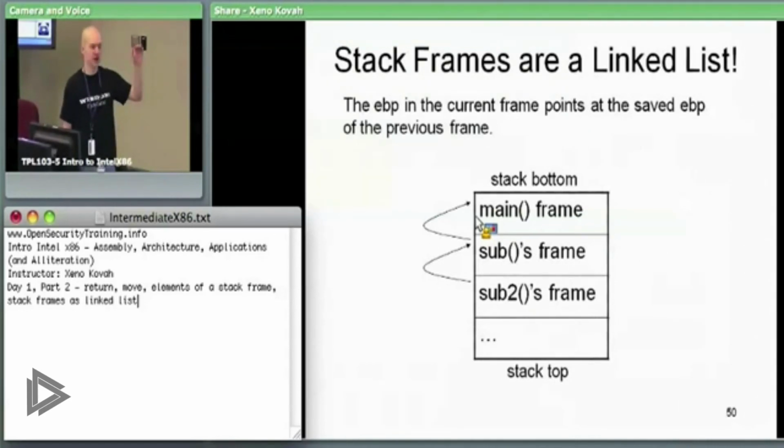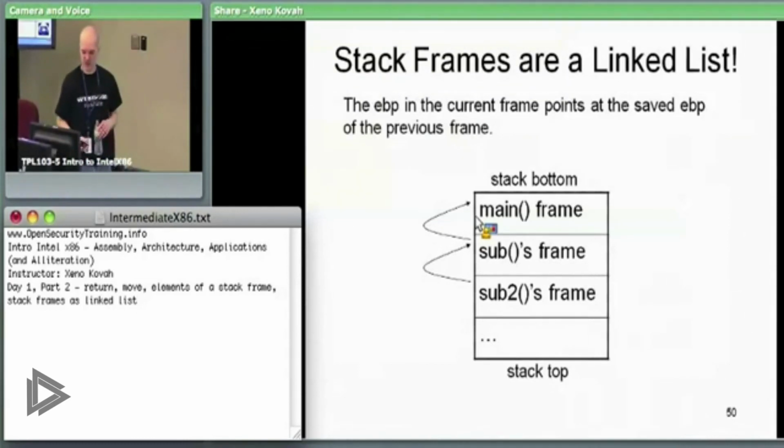The most recent function, the current function you're executing, is at the top of the stack, at the numerically lower addresses, and the previous frames, whoever called you and whoever called the function that called you, are each links back in this chain of stack frames. So that's the point of having this EBP frame pointer point at the top of your frame, and why you always save it at the beginning. It's to maintain this linked list.